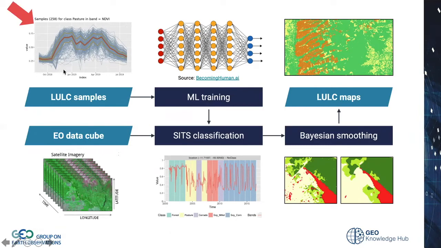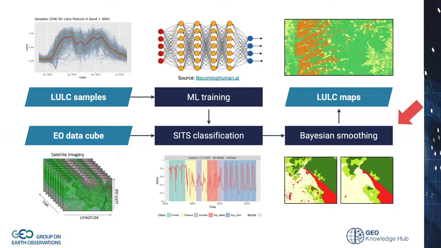These time series are then used to train a machine learning model. In this particular application, we use a multi-layer perceptron neural network. Once the model is trained, it is possible to classify the entire region being mapped. The output of the classifier is the probability of a given pixel belonging to each of the sample classes.